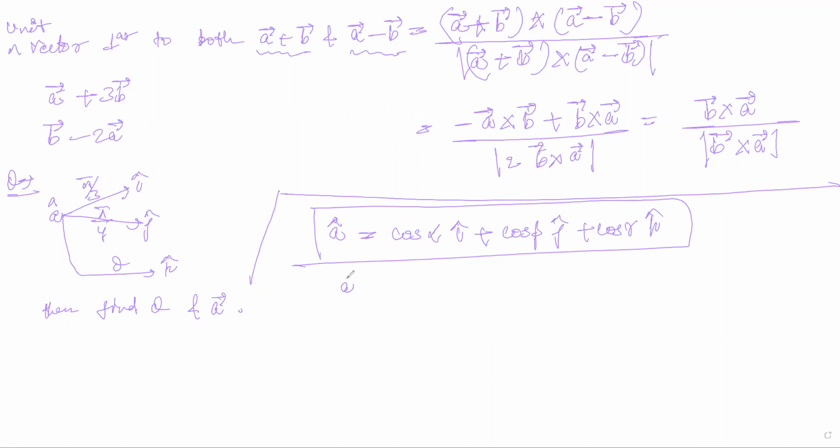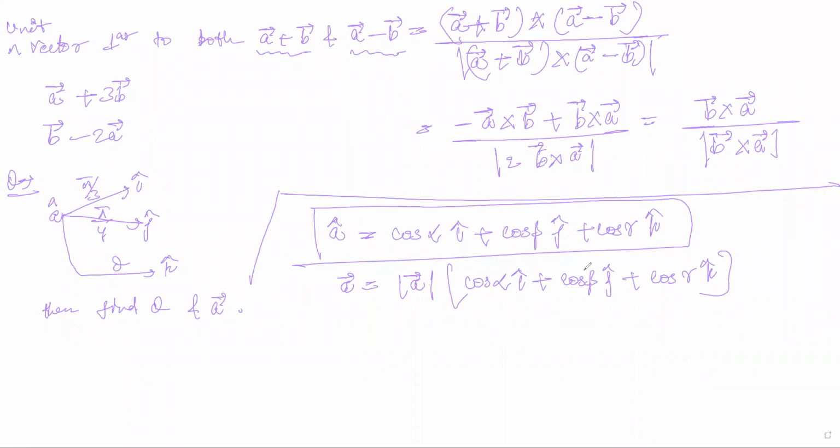Now, let's say you have to write some vector A. Then you should know the magnitude of that vector along with its angles. In the given question, you have been asked to form this unit vector whose 2 angles are given.